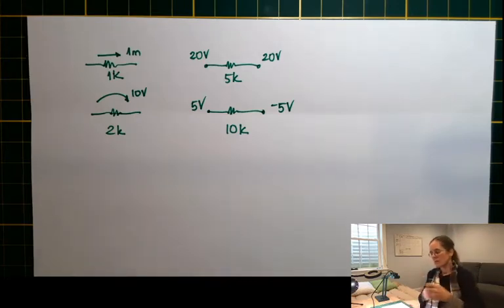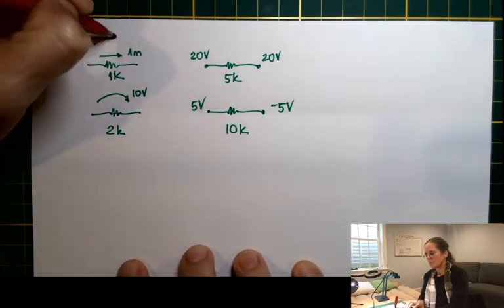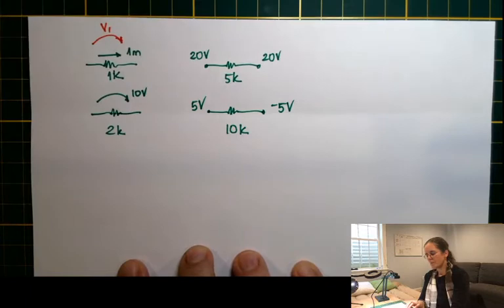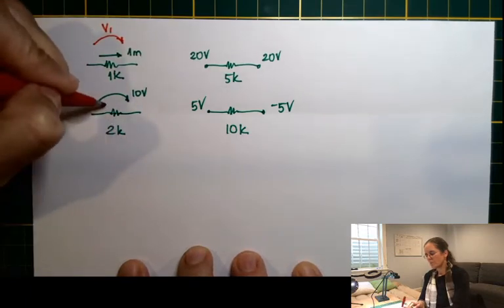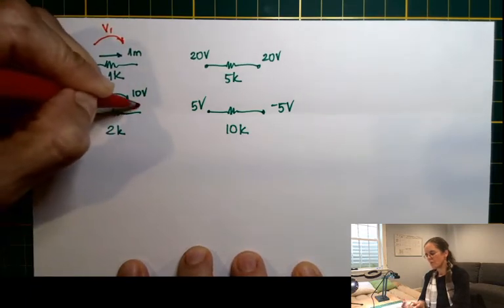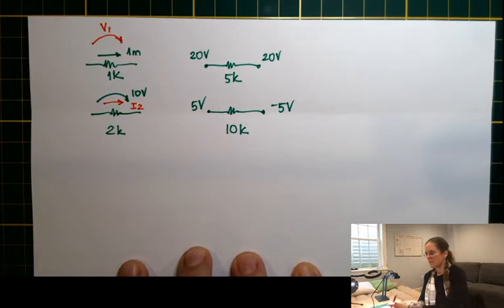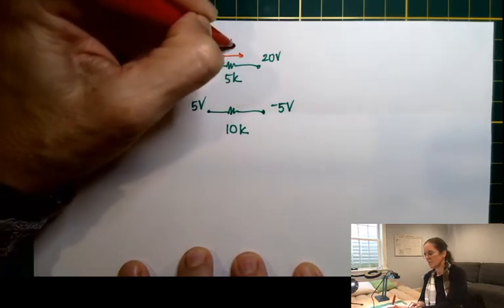So given these kinds of questions, here in red, I'm going to ask, for example, what is this voltage drop here? V1. And now I'm going to ask, what is this current? I2. And then I'm going to ask, what is I3?